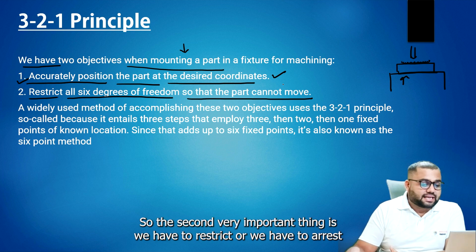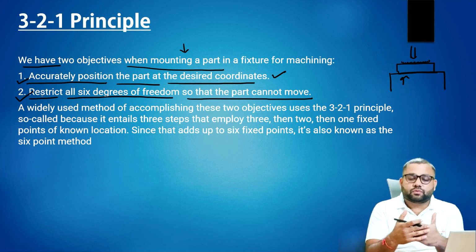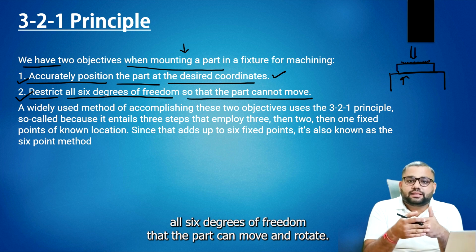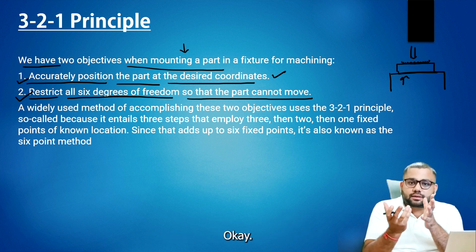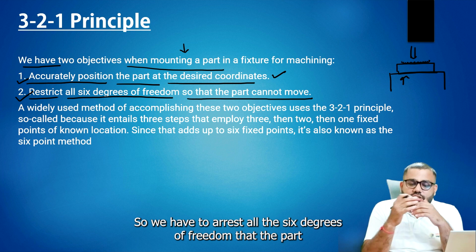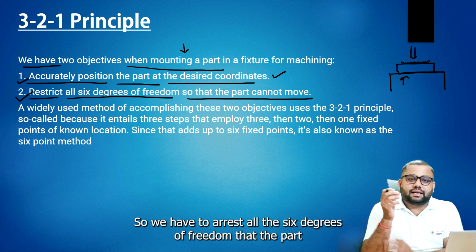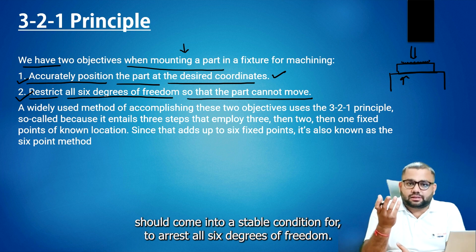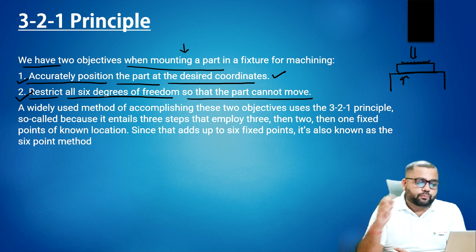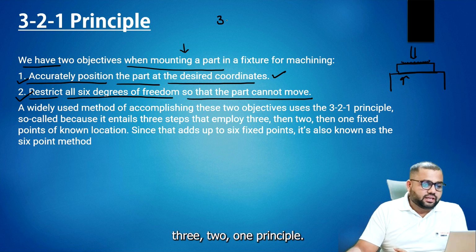The second very important thing is that we have to restrict, or arrest, all 6 degrees of freedom, so that the part can neither move nor rotate and comes into a stable condition. To arrest all 6 degrees of freedom, we have to follow the 3-2-1 principle.